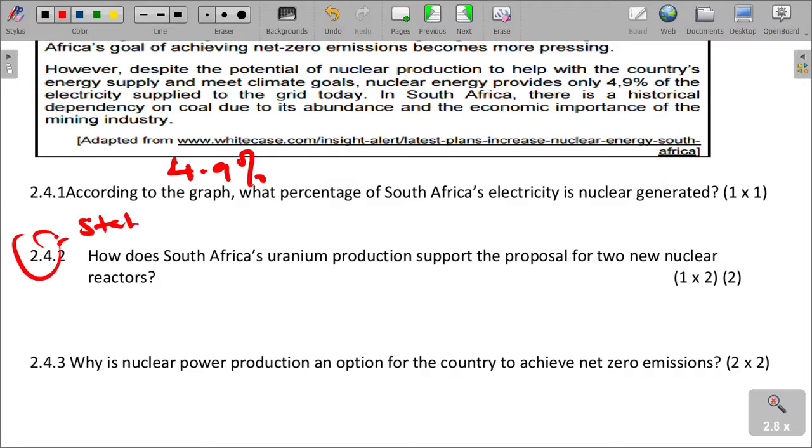It ensures a stable supply, it ensures survival of future projects.